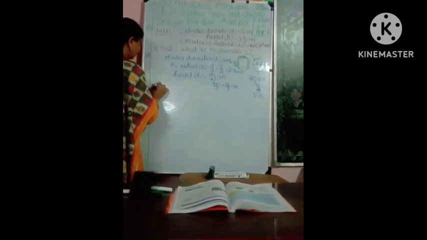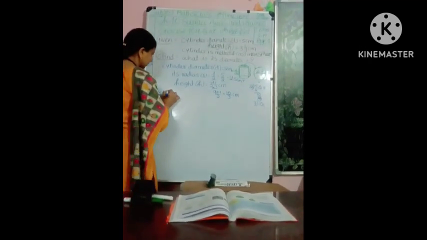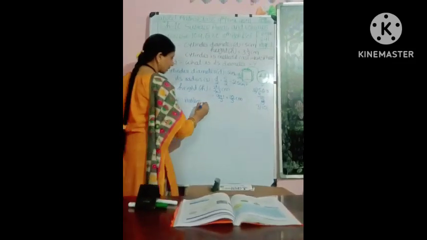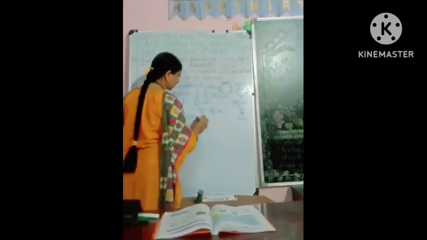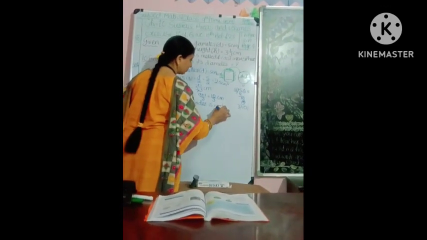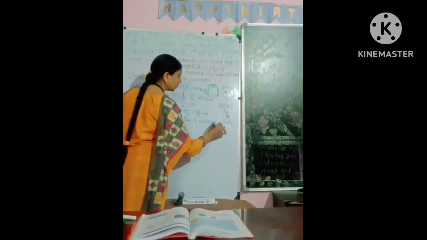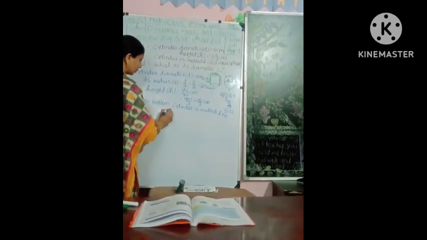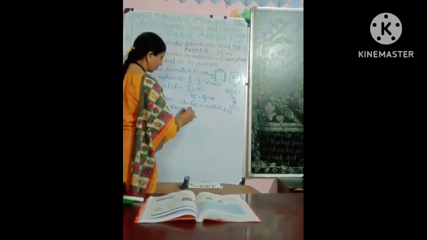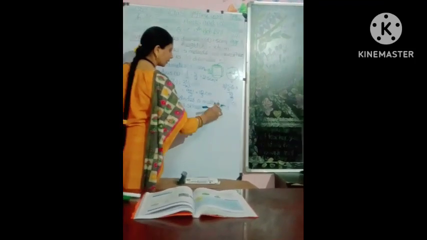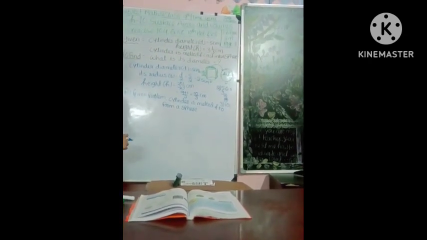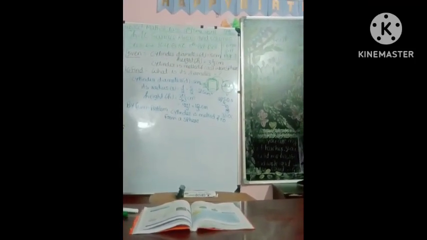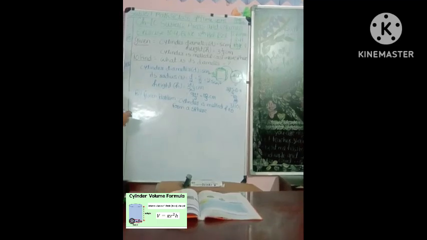Next, the cylinder is melted and cast into a sphere is given. So by the given problem, the cylinder is melted and formed into a sphere.